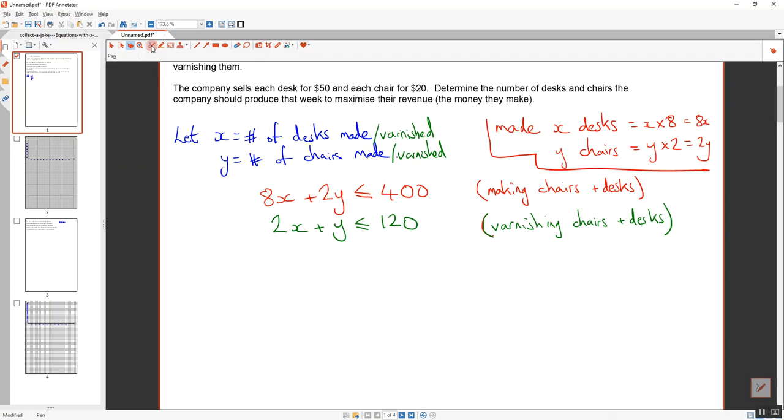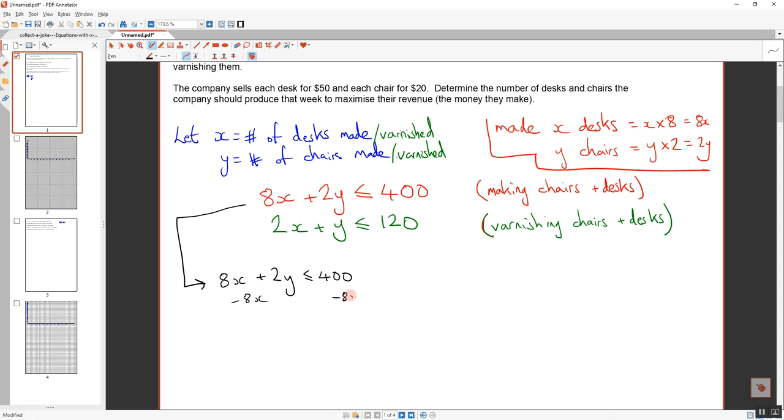Now, in order to graph them, it's easier if we isolate the y. So I think John said, if I want to rearrange this so it's in terms of y, talk me through it. What do I do first? Well, I'll subtract the 8x because that'll make it a bit easier.